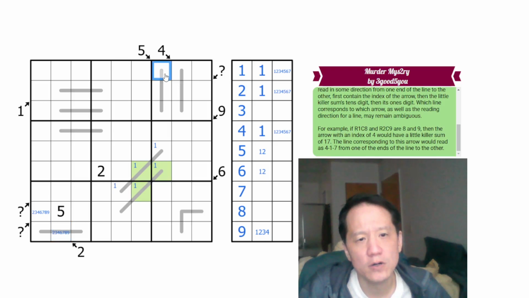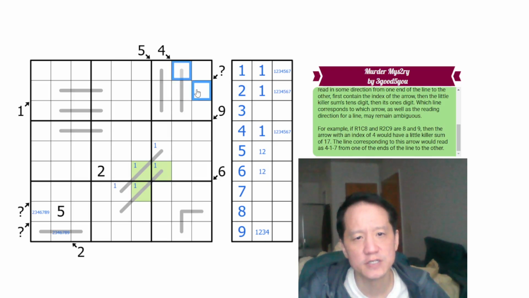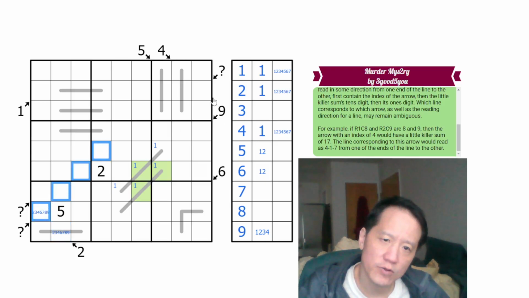We don't know about this, we don't know about this. It's still 2 through 9 here, but the problem is that it's pretty limited. This can never be more than 6, right? Because it's also this one too.